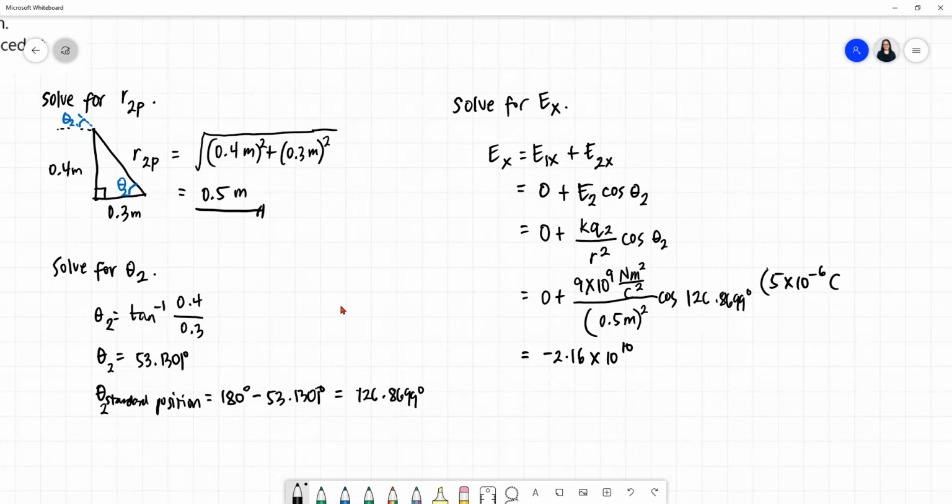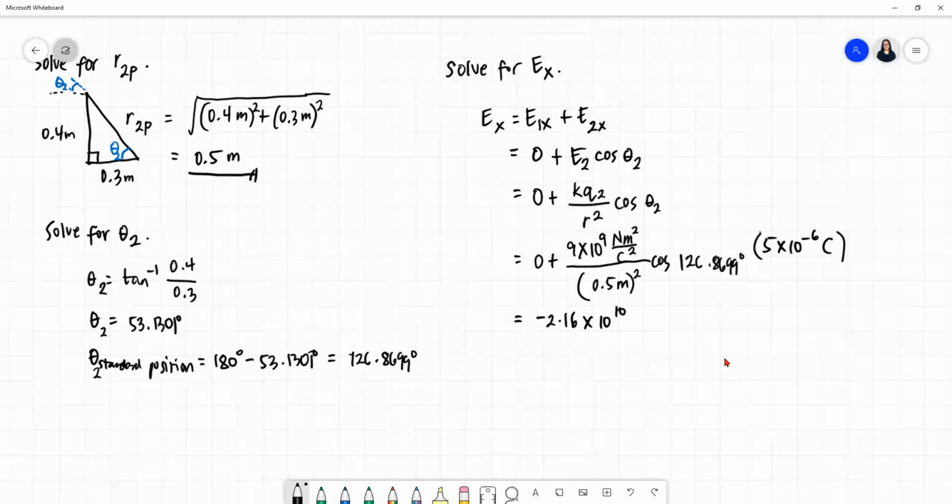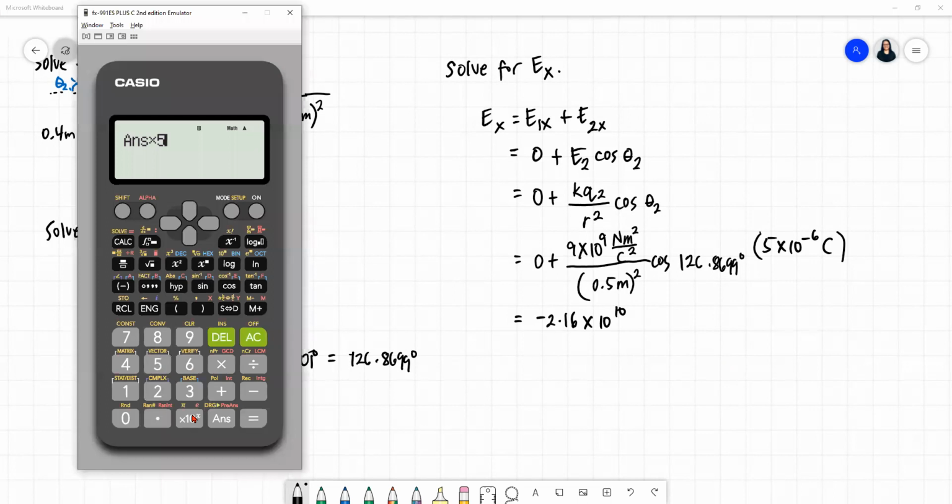So it's very important to check the dimensions. When I check the dimensions, it's newton per coulomb squared, but E must be newton per coulomb. The reason is there's no Q2. So I forgot to write the Q2. So it must be times 5 times 10 raised to the power of negative 6.